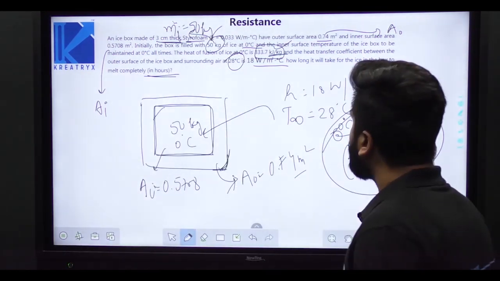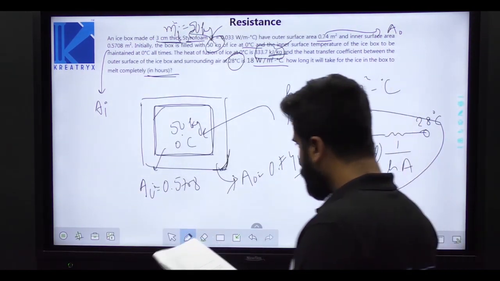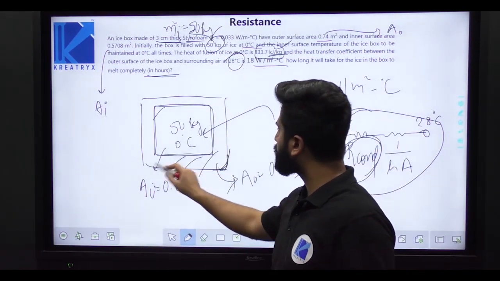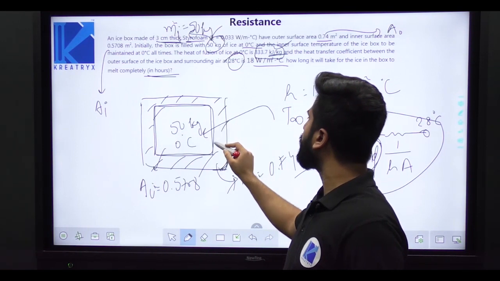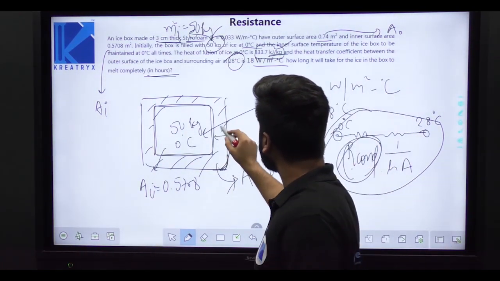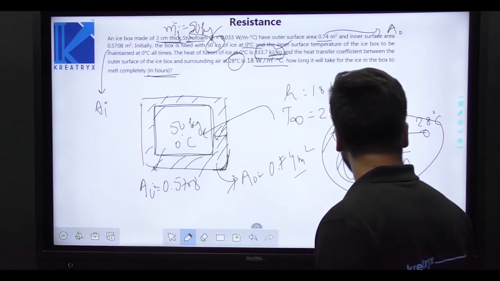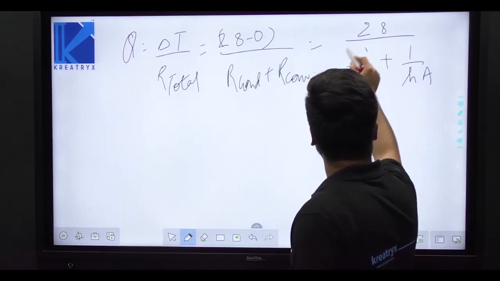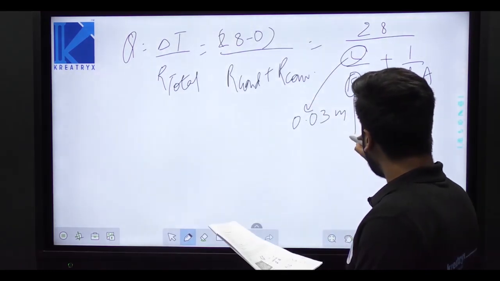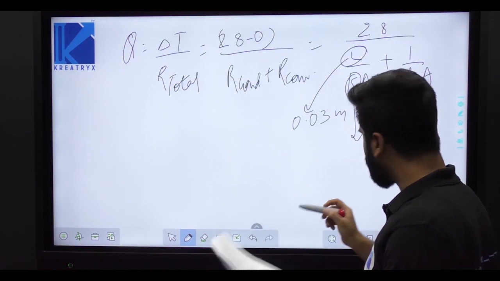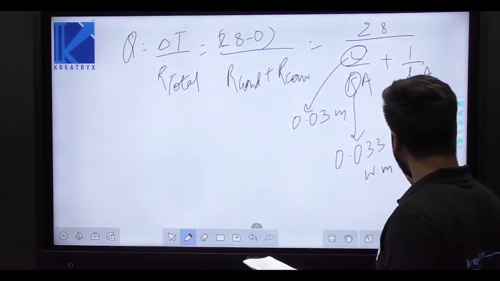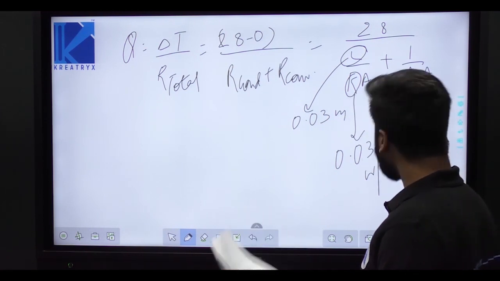When you put the values, the conductive resistance will be offered by this box, which is 3 centimeter thick styrofoam. So L is 3 centimeter, that is 0.03 meter, and k is 0.033 watt per meter degree Celsius, and area.